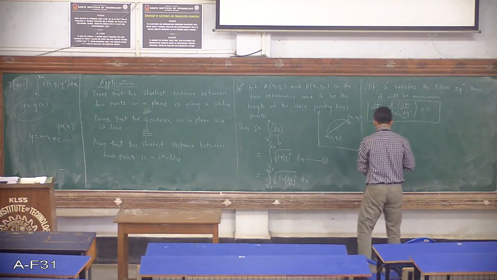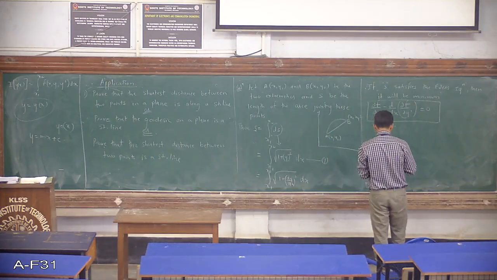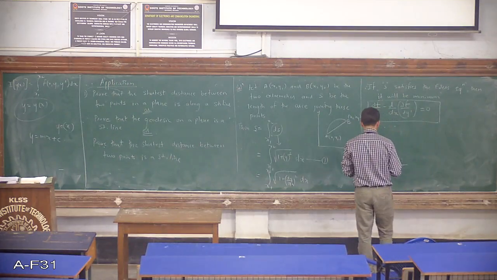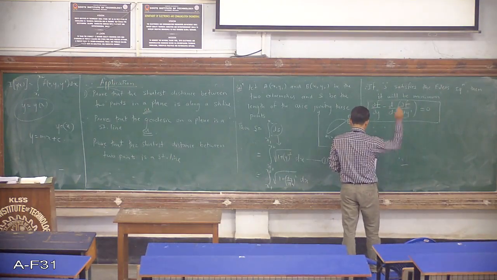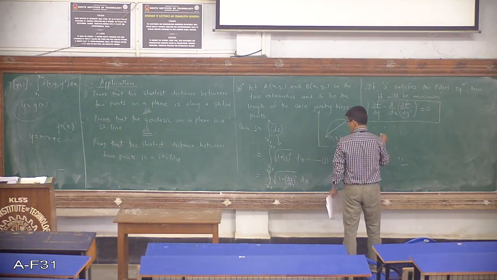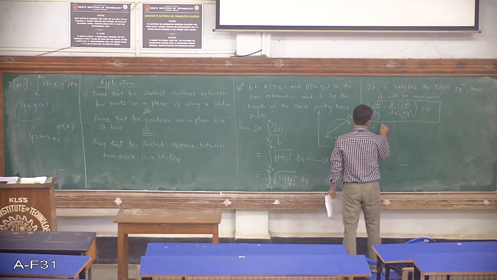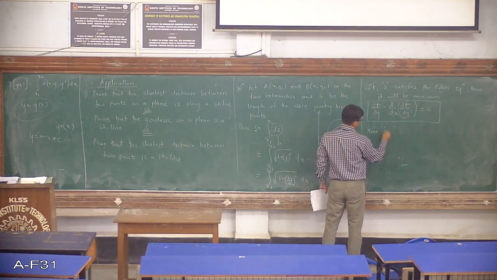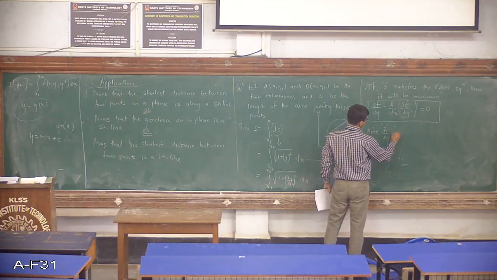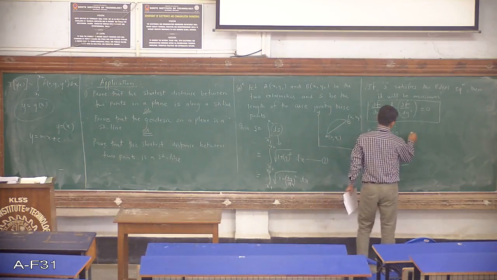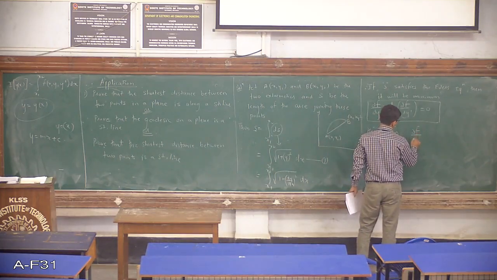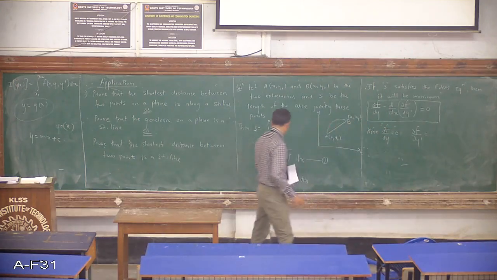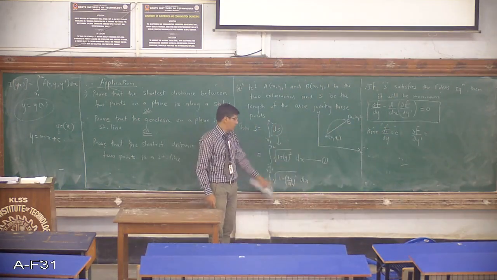So here it turns out that dou f by dou y is equal to 0, and dou f by dou y prime is equal to, so here you have the square root of 1 plus y1 prime square.